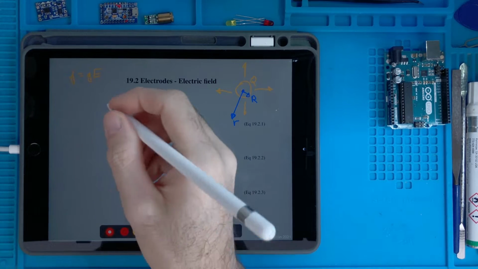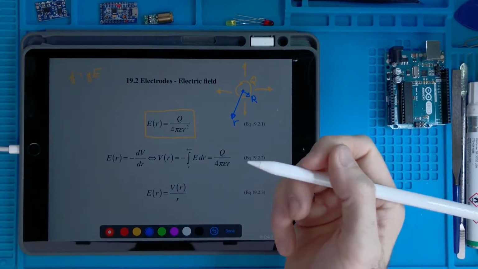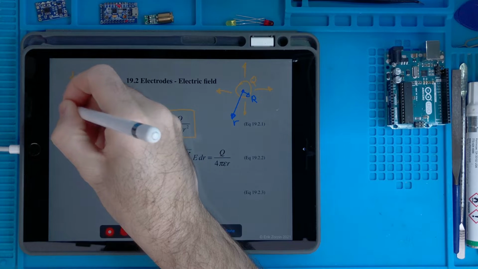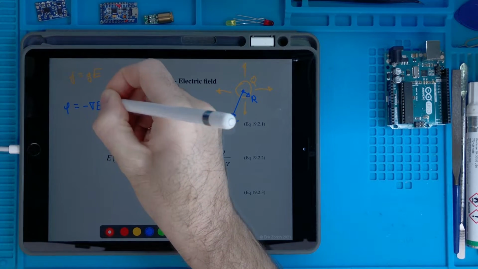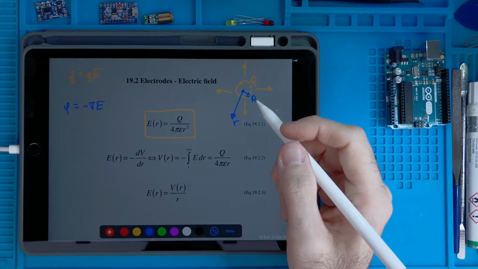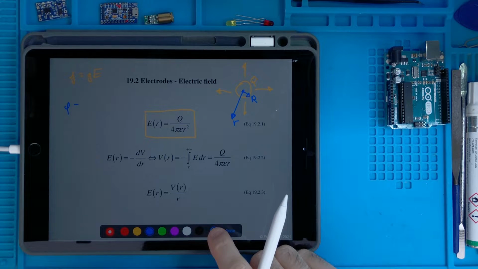Then we can remember that there is a concept of potential, let's say the voltage, which is minus the gradient of the electric field. No, sorry, wrong.